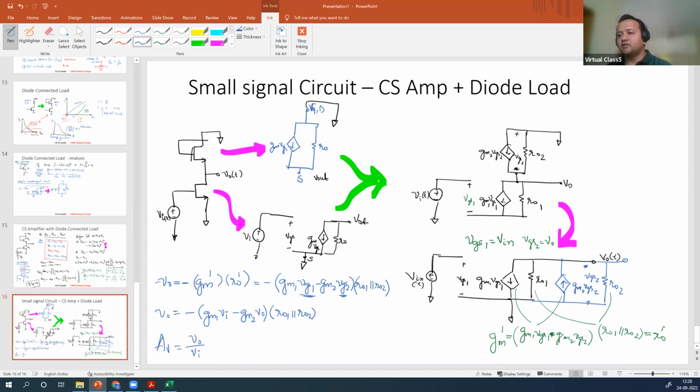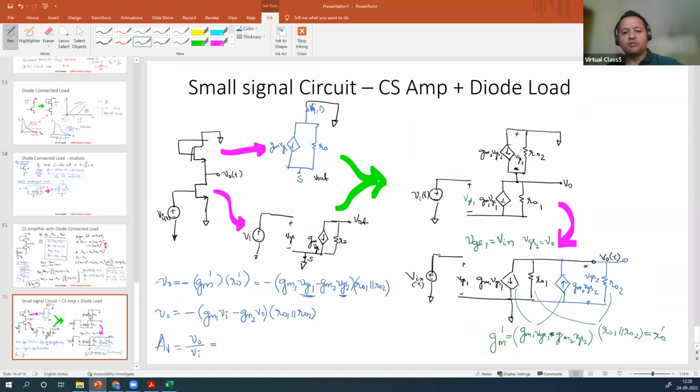So take V0 that side, so it will be minus into minus plus. Here it's plus. When it goes that side, it will be 1 plus GM2 times R01 parallel with R02 times V0. And then whatever is left over will be Vin. So it will be minus GM1 Vin times R01 parallel with R02.